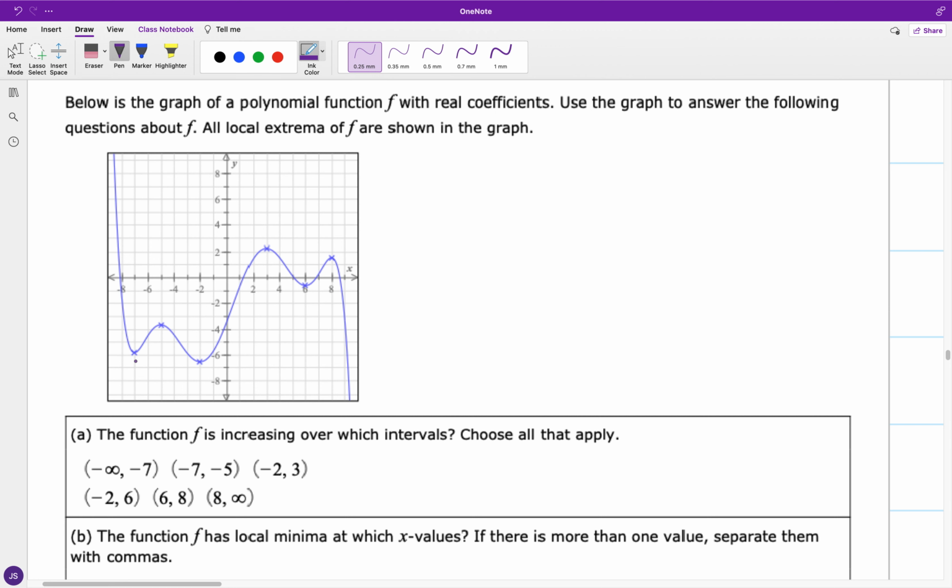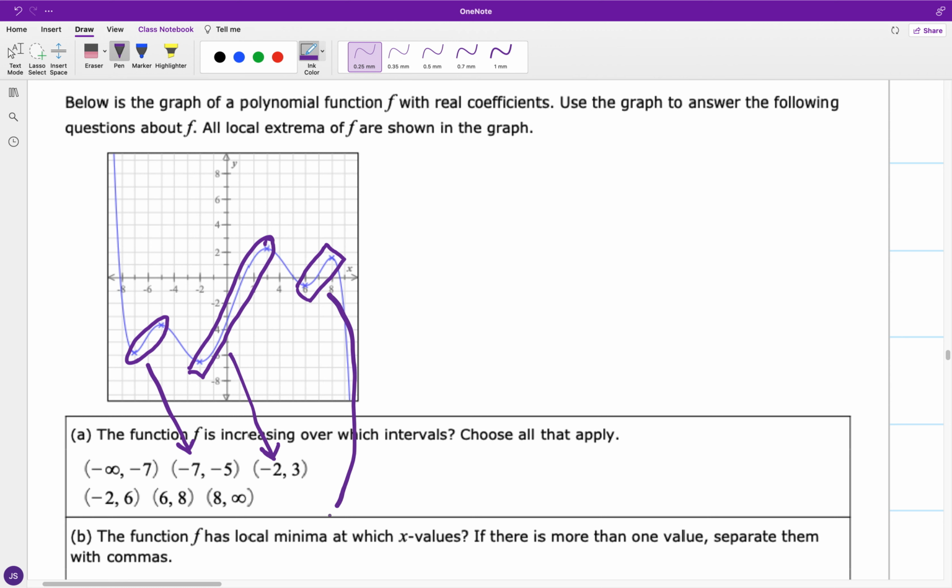You have this bit of activity, and then one more phase of increasing. So over the intervals, you have between -7 and -5, then between -2 and 3, and for the last stretch, between 6 and 8.